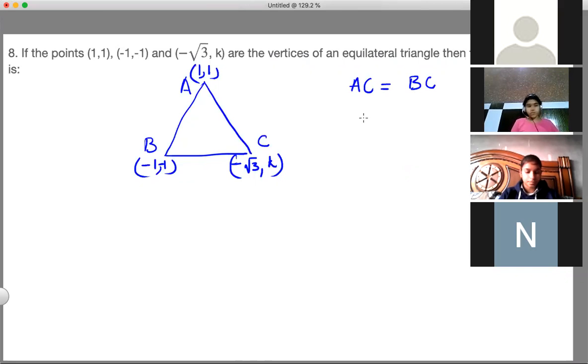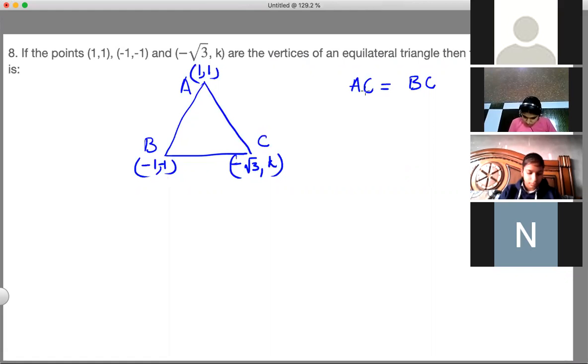Why? Because there is a square root involved here, right? There is a third value, an irrational number here. So it will come on both sides of the equality, and it will be easier to solve.